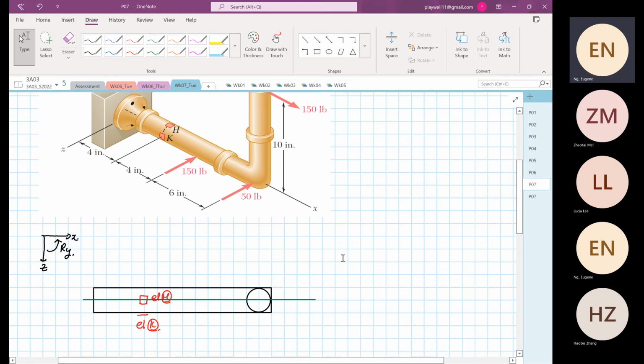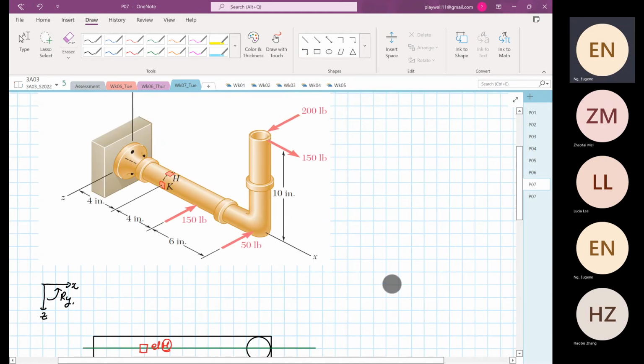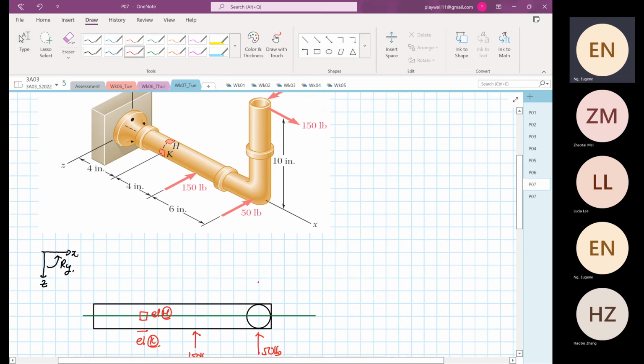Okay. And then from here, you put in your forces. So you have 50 pound down here. Then you have 150 pound here. Right? And then you have 200 pound over here.